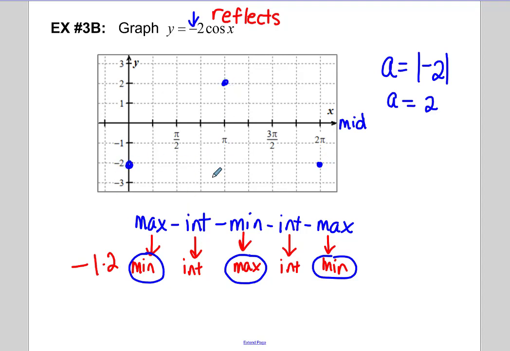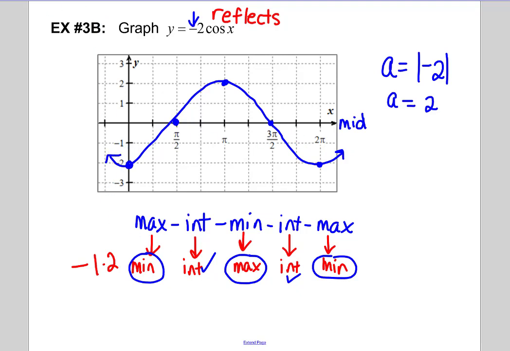On the first half of the graph, we have an intercept at 90 degrees, and in the second half, 3/4 of the way, we also have another intercept. And that graph would be a smooth curve with a negative, or reflected, cosine pattern, and it would look something like that.